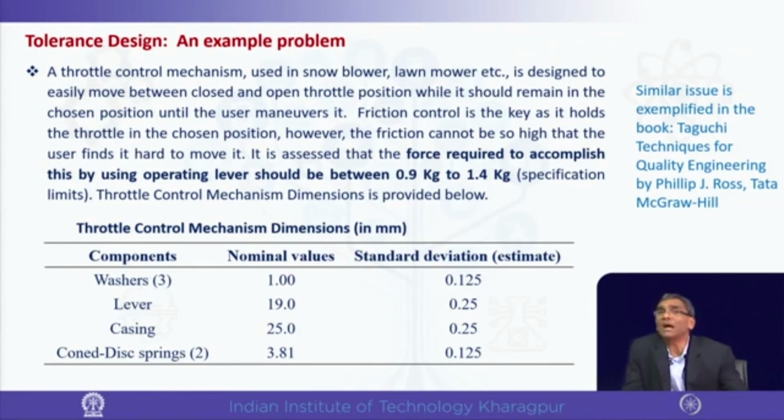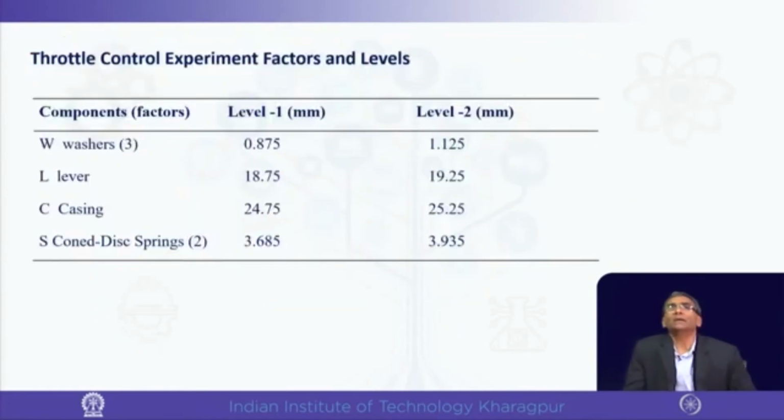So, if it is nominal plus sigma on the maximum side and nominal minus sigma on the minimum side, if we are taking 2 levels, then it would be 1 minus 0.125 as minimum and 1 plus 0.125 as maximum. Let us see. Here you see that 1 minus 0.125, which is 0.875, is on level 1 or the minimum one, and the higher level is 1.125.